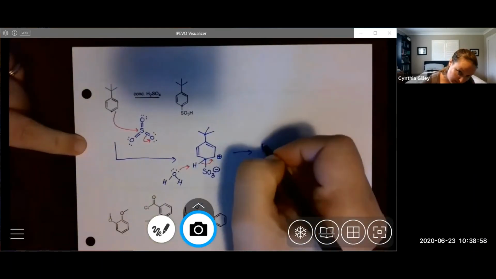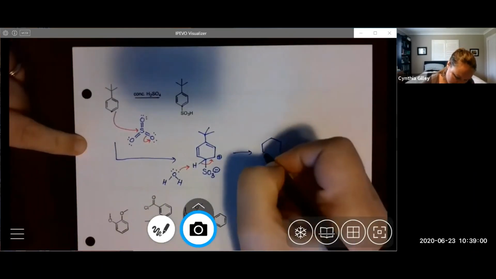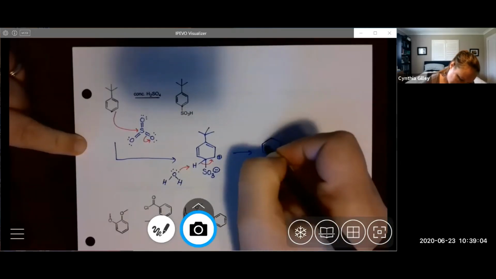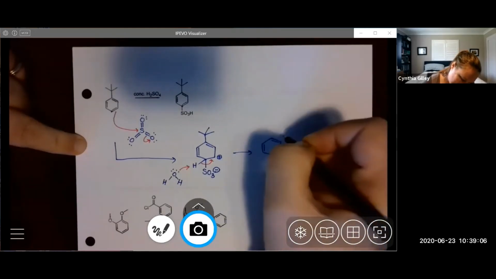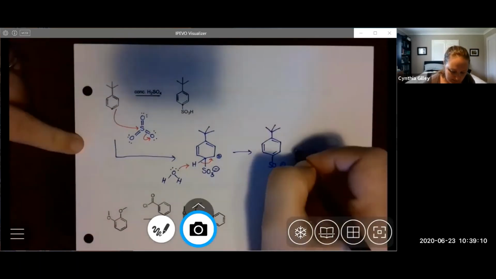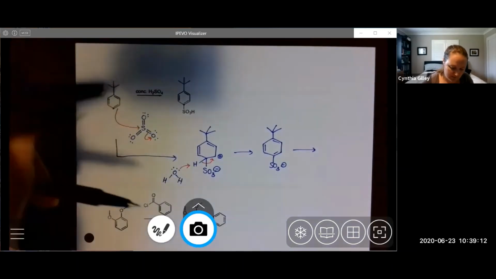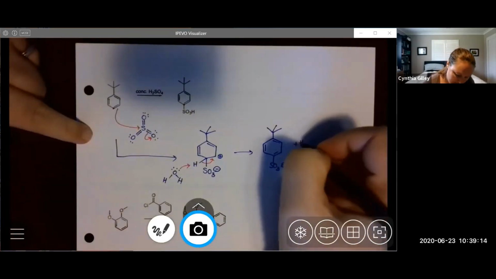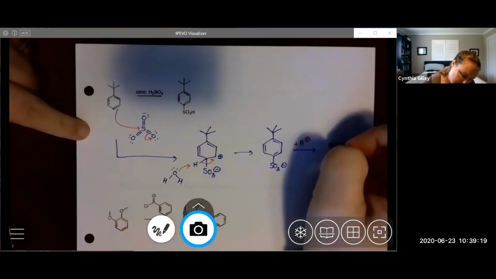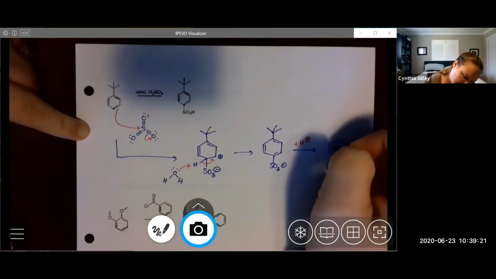Generate the aromatic ring. However, our organic substrate here is still charged. So we still need to pick up a final proton from sulfuric acid to generate the neutral sulfonyl group.